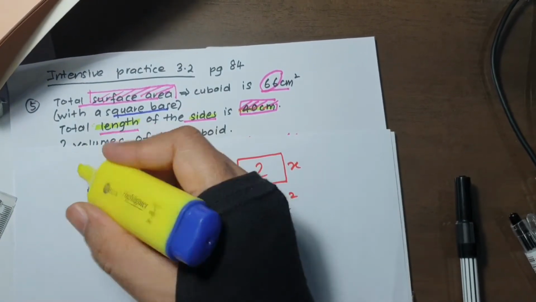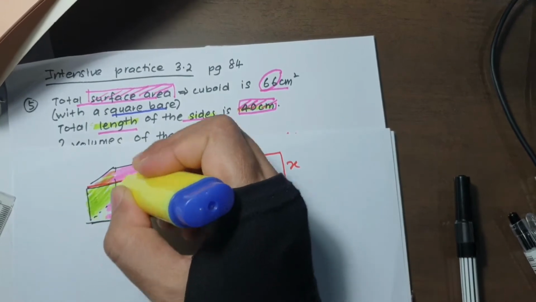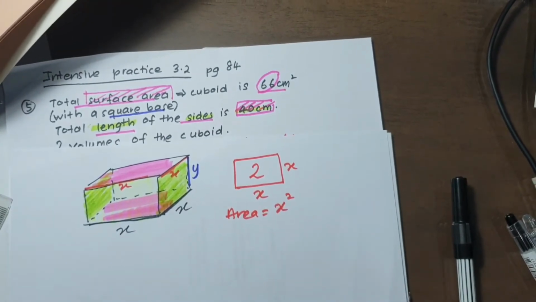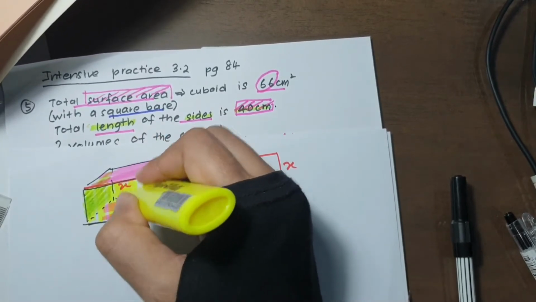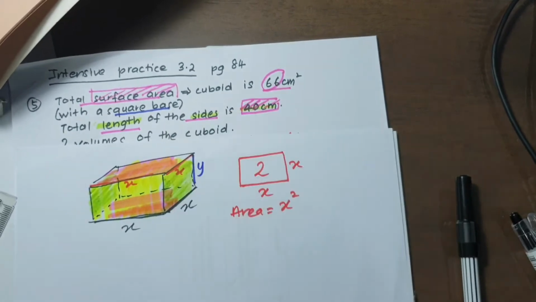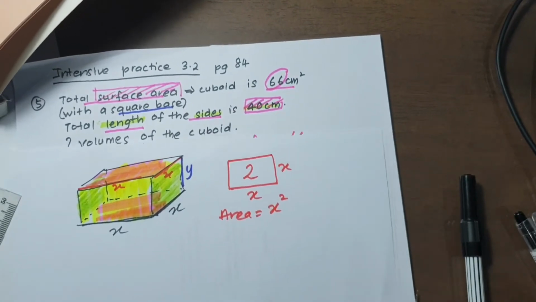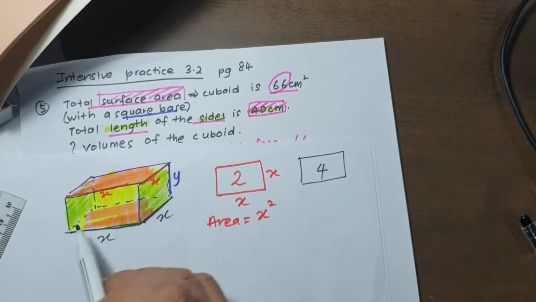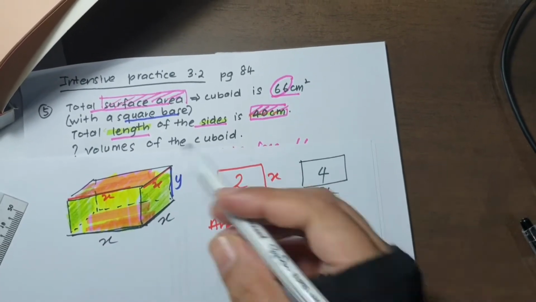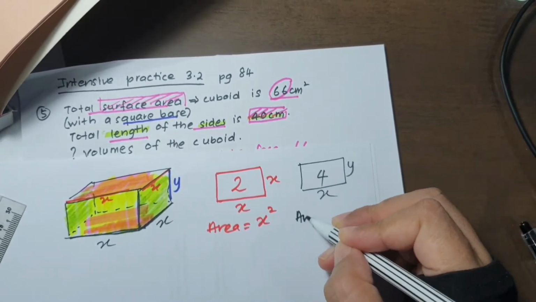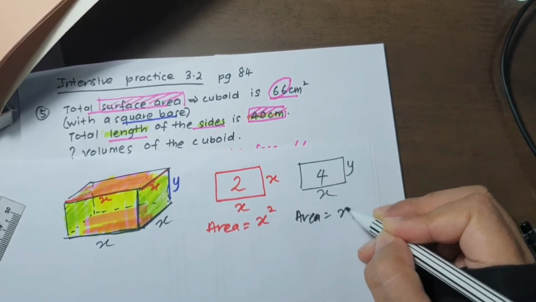And then one more here, 3, the front, and then one more at the back. So altogether you have 4 surfaces where here to here is x and the height is y. So the area is given by xy.